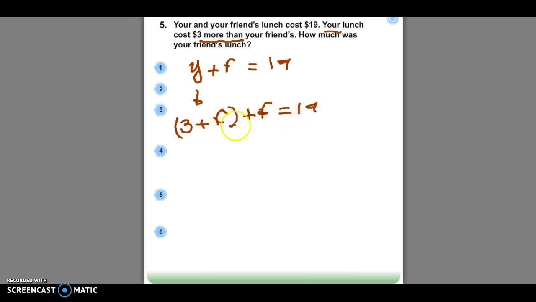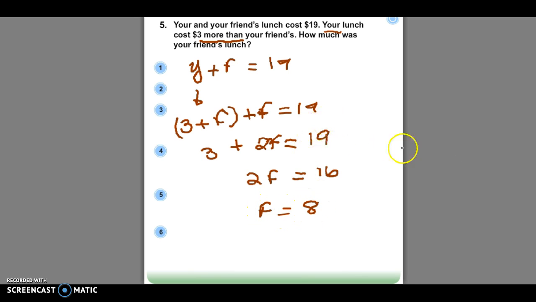Now when we simplify this, we get 3, and this f plus this f is going to equal 2f, equal 19. Subtract 3 on both sides, we get 2f equals 16. Dividing by 2, your friend's lunch is actually $8. So that means your lunch costs $11 because yours was $3 more than hers.